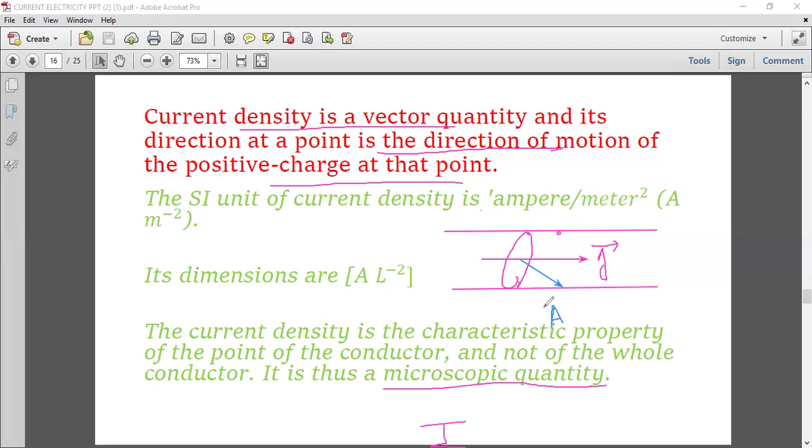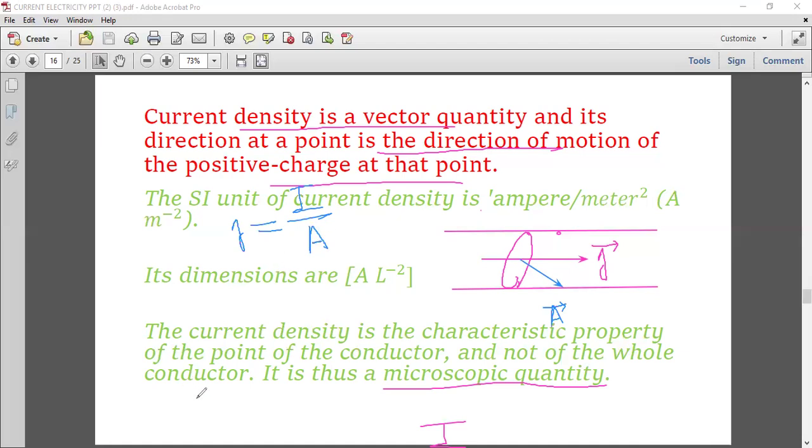So how much current will pass through this cross section? अगर हम ये पूछे कि इस क्रॉस सेक्शन से कितनी करंट पास होगी, सो एज यू नो दैट J इज डिफाइंड एज I अपॉन A. J को कैसे डिफाइन किया है? इट इज I अपॉन A. सो व्हाट विल बी I?